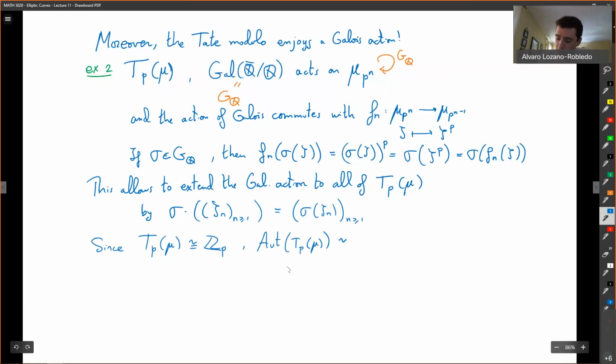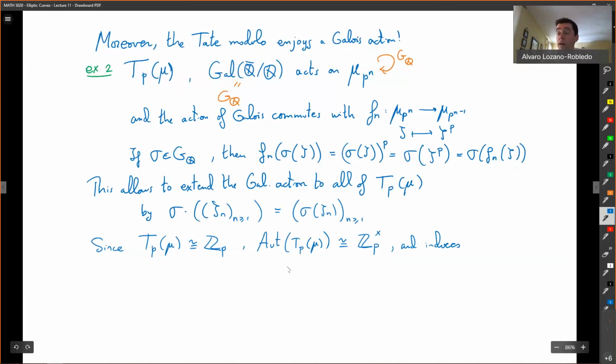So the automorphisms are ZP cross, the units in ZP, which are things that are non-zero modulo P. So as long as the very first coordinate is non-zero modulo P, that is going to be a unit. You can work that out and see that that is an invertible element in ZP.